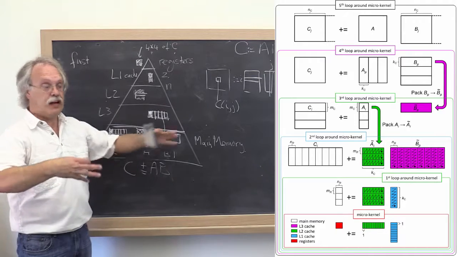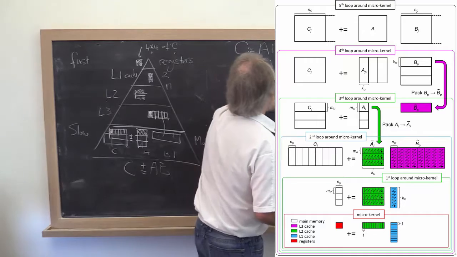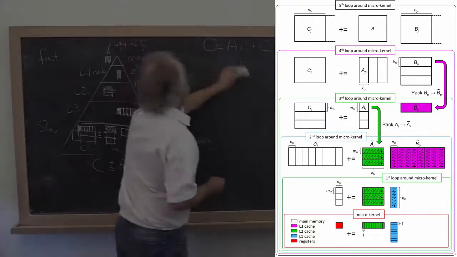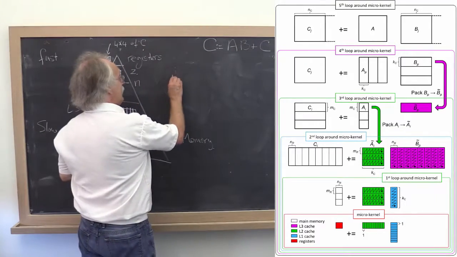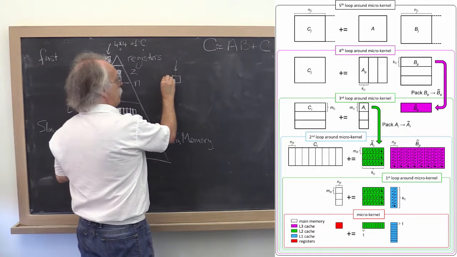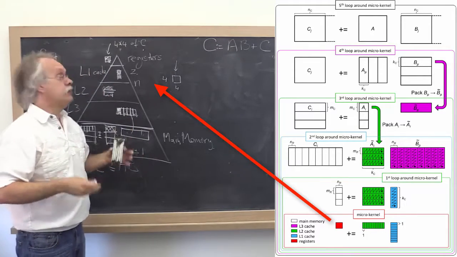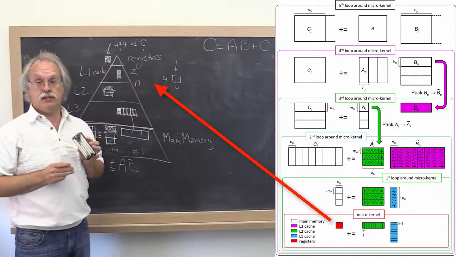So what we have now done is we've brought our matrix multiply down to a little tiny block of C that, for example, would be a 4 by 4, but how big that block actually is depends on how many registers you have.